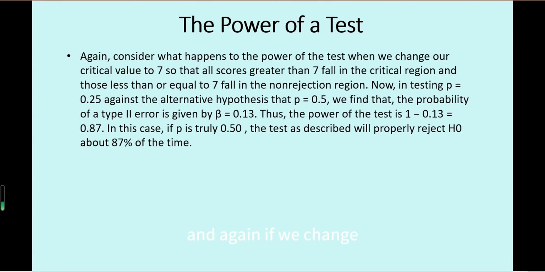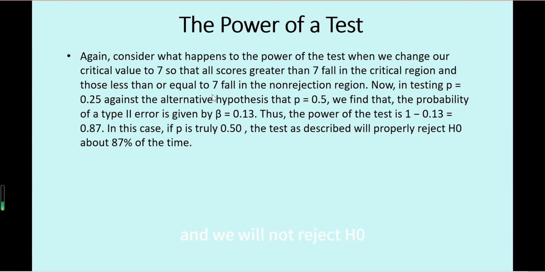Again, if we change our critical value from 8 to 7, that means if the score is greater than 7, it falls in the critical region, so we will reject H0 if there are more than 7 positives in a sample of 20.